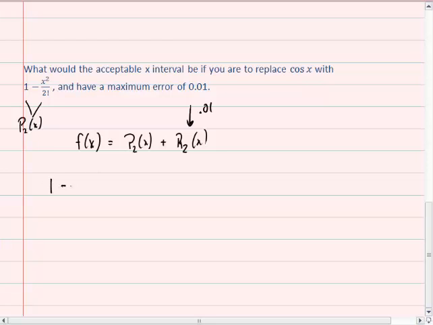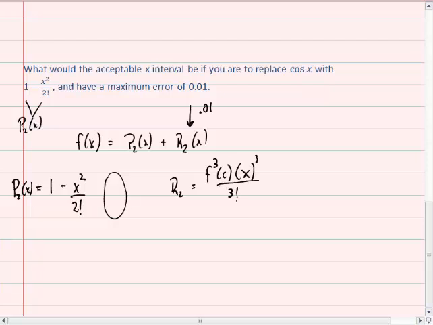We have 1 minus x squared over 2 factorial, and what you have to notice with cosine is cosine does not have a third term. So typically R2 would be the third derivative at some arbitrary value c times x to the third over 3 factorial.